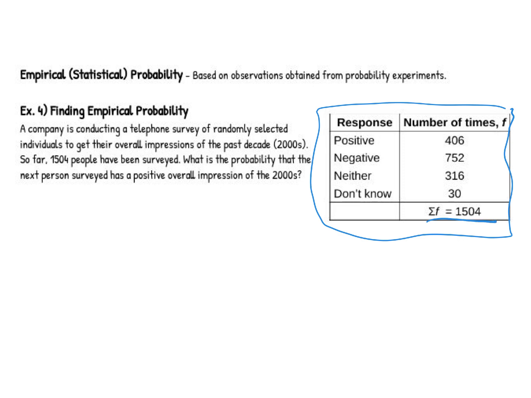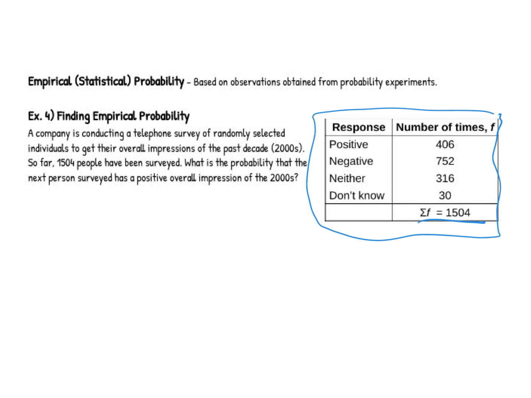So example 4 wants us to find the empirical probability. A company is conducting a telephone survey of randomly selected individuals to get their overall impression of the past decade. So far, 1,504 people have been surveyed. What is the probability that the next person in the survey has a positive overall impression of the 2000s?